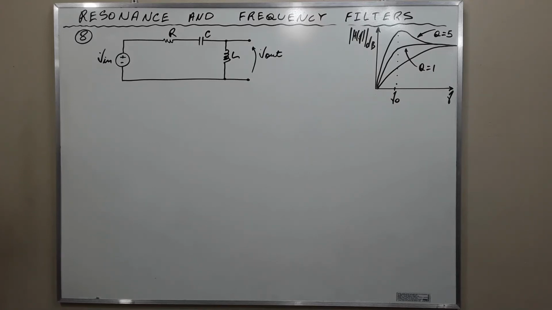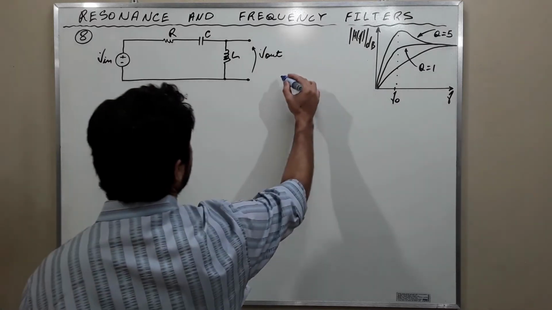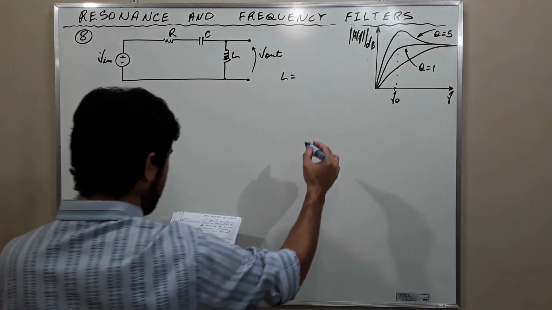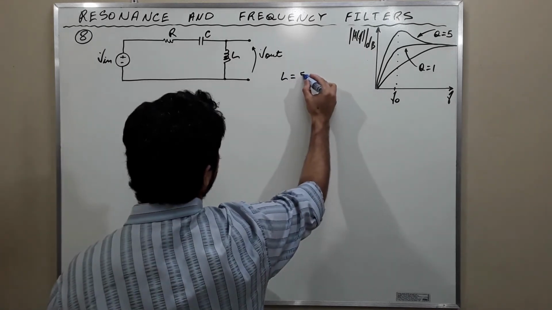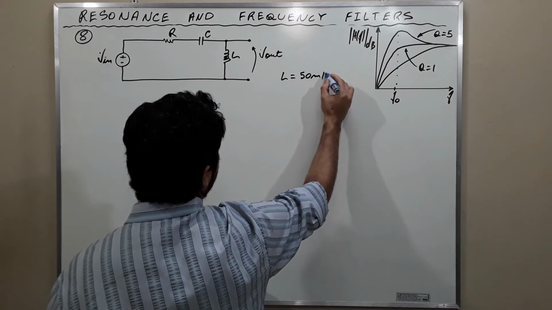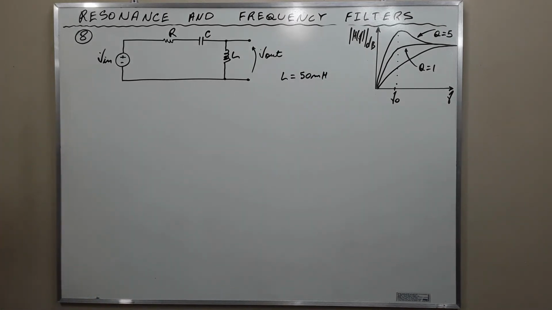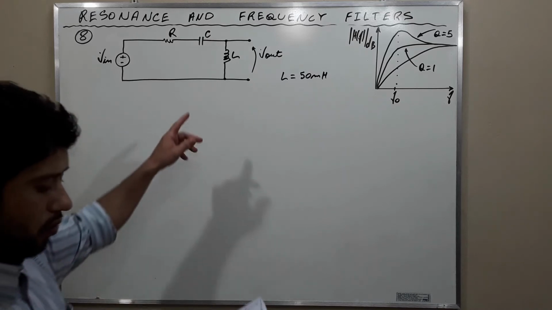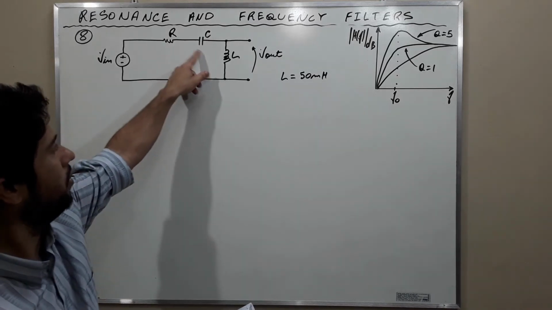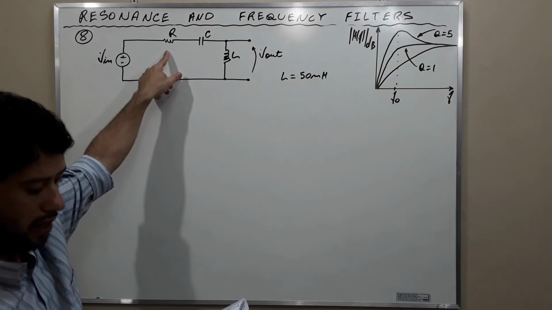Calculate C and R if L is 50 millihenry. For this value of inductance, calculate C and R.